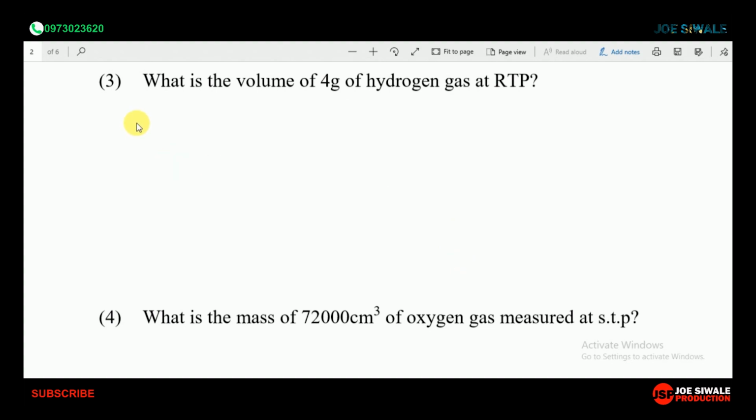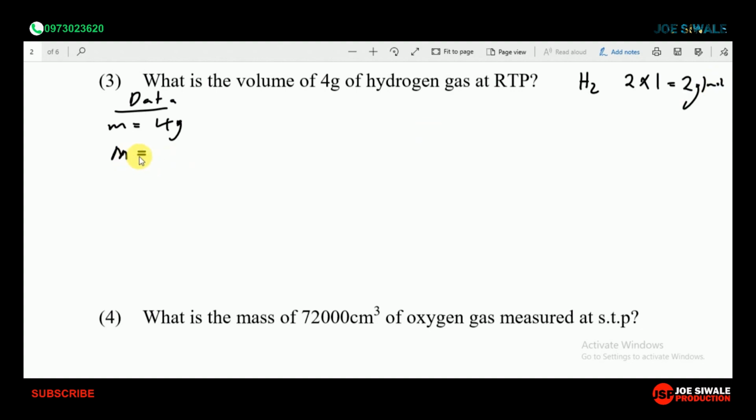So let us first write down the data that we have been given. The mass has been given as 4 grams. Then the molar mass of hydrogen gas: the number of atoms is 2 multiplied by the mass number of hydrogen, which is 1, so that's going to be 2 gram per mole.